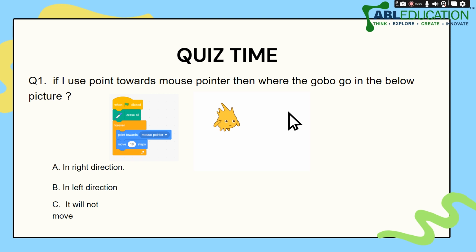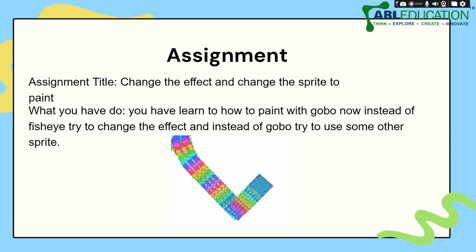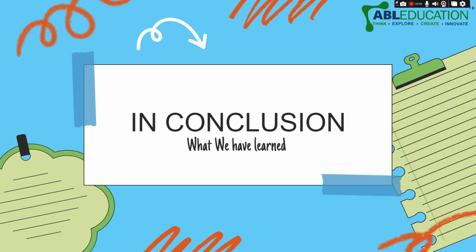It will follow the mouse. So this is the assignment for you: change the effect and change the sprite. I used the butterfly sprite, but you can take any other sprite. Then try to paint using that sprite and change the effects as well. Try new and different effects, different numbers as well, and that is how you will learn.